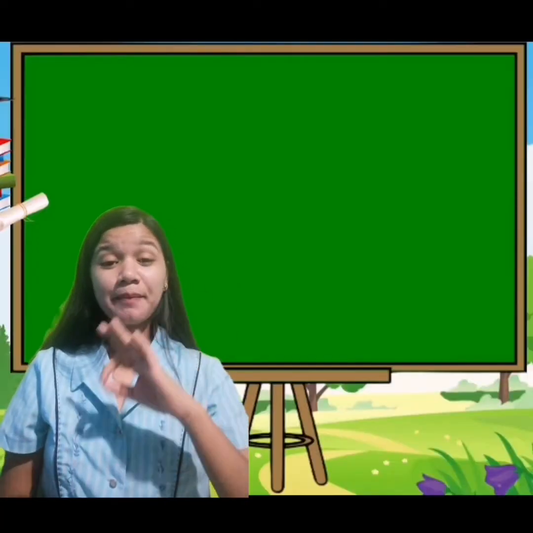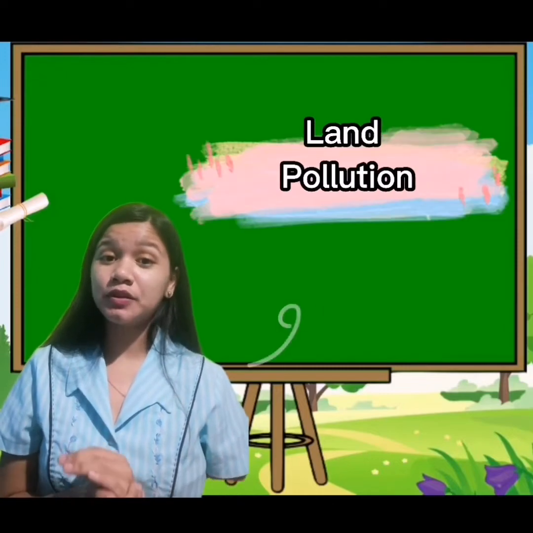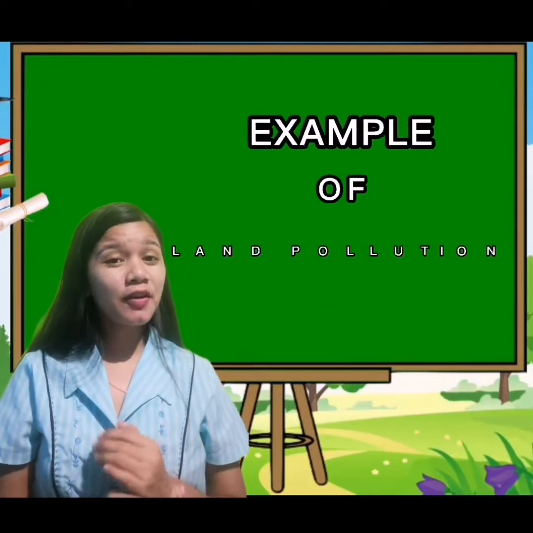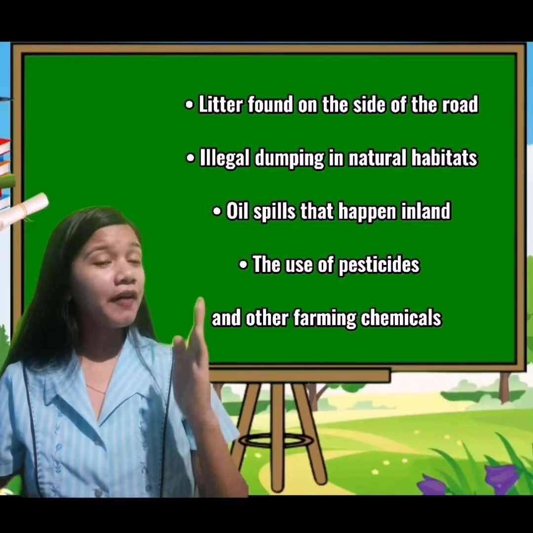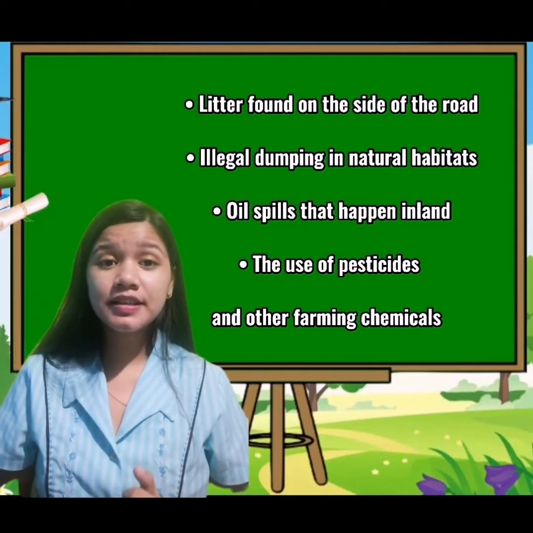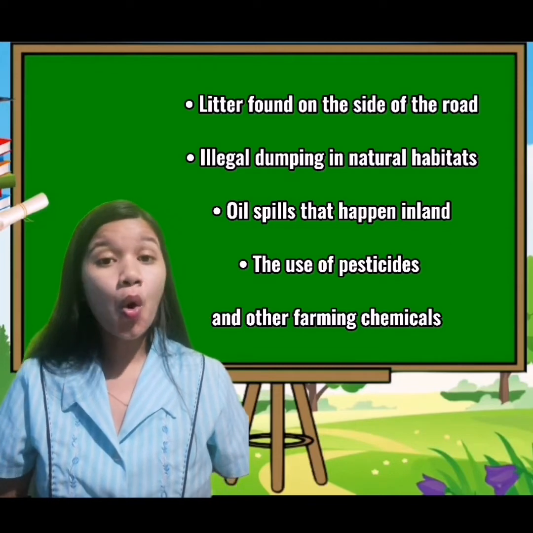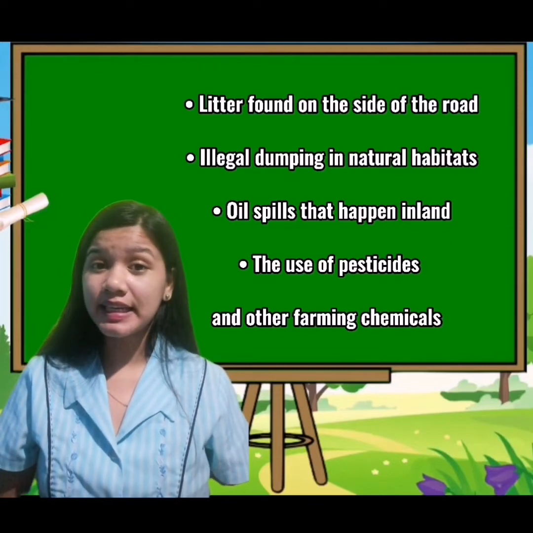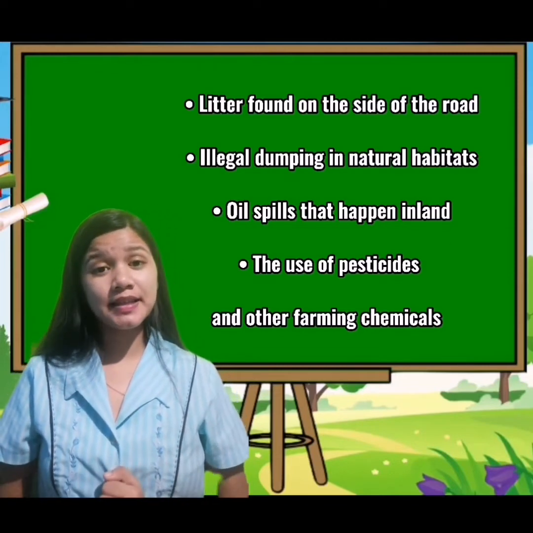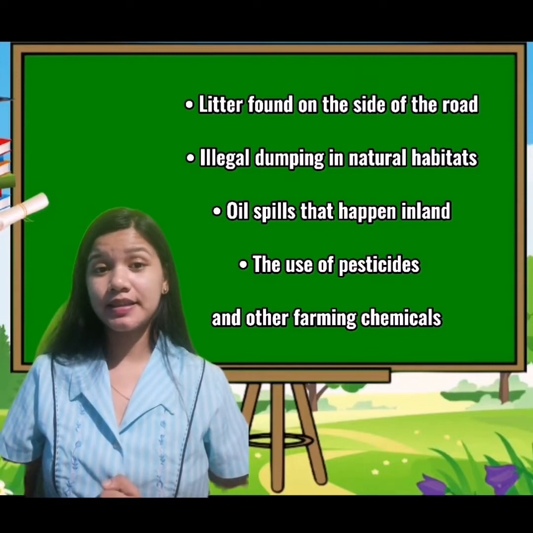The third type of pollution is land pollution. Examples of land pollution are the following. First, illegal dumping in natural habitats, oil spills that happen inland, the use of pesticides and other farming chemicals.